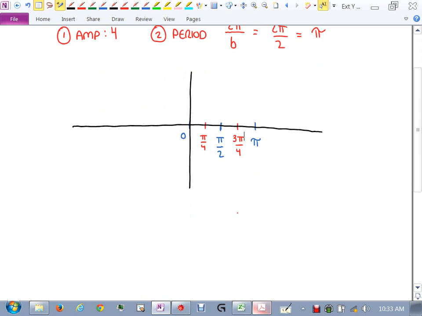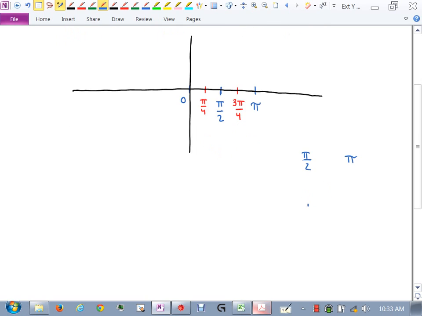So my question to you is, if I have pi over 2 and I have pi, and I'm trying to find the value right between them, how can I do it? Well, what you can do is take their average. How do you find the average of two numbers? You add them together and divide by however many there are.